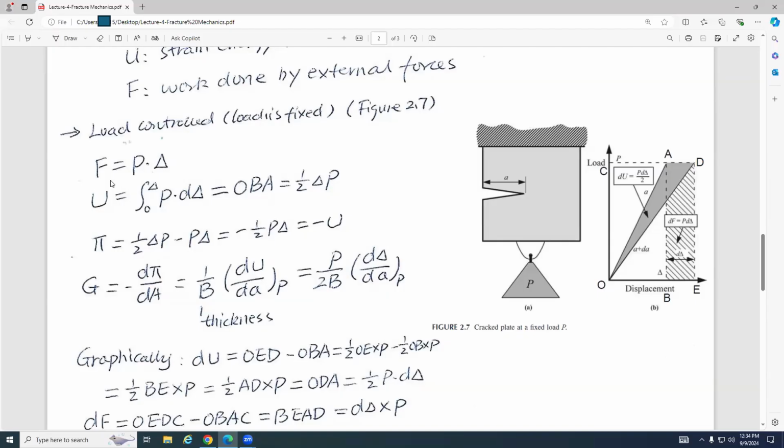And then you can just do the integration from the very beginning to the applied delta, and using this equation you will get the strain energy. The strain energy is dependent upon the material. If you pull something, you will cause strain energy in the system. Definitely, you are doing work also.